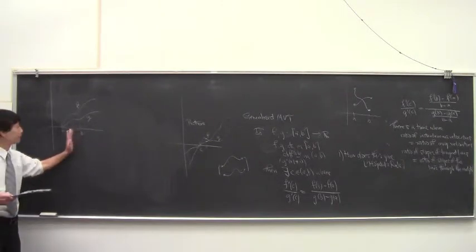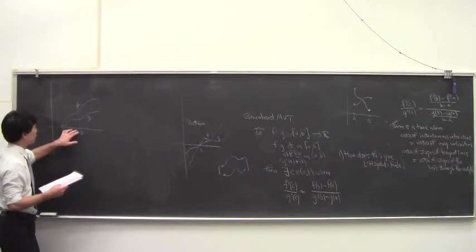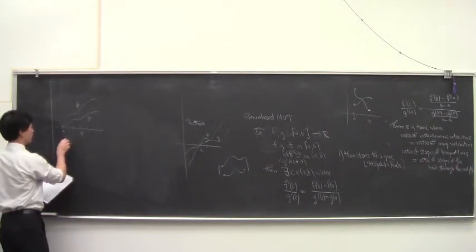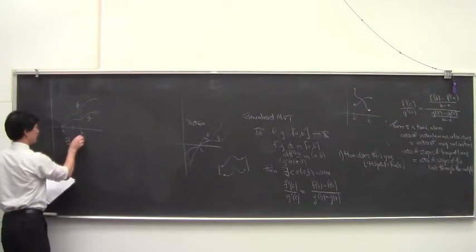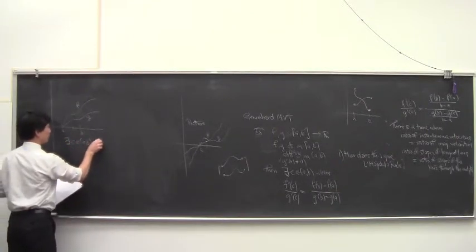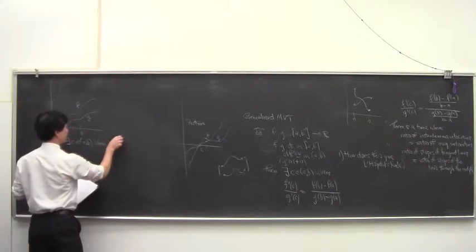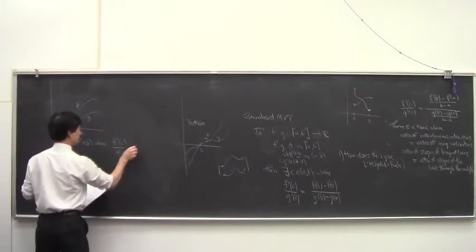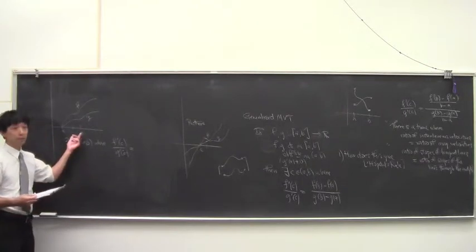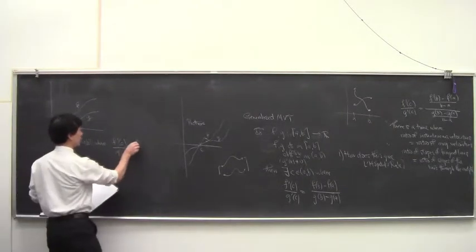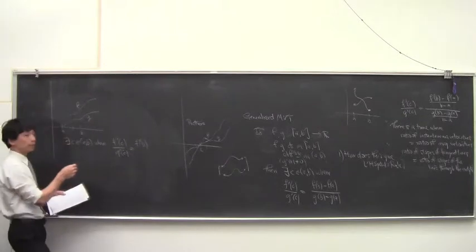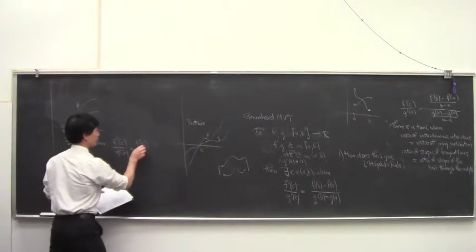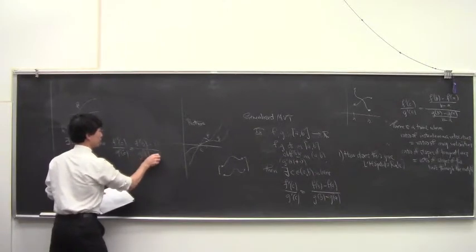It says there's some c in (a, b) where f prime of c over g prime of c will be f of b minus f of a, and f of a is 0, so f of b minus 0 over g of b minus 0.